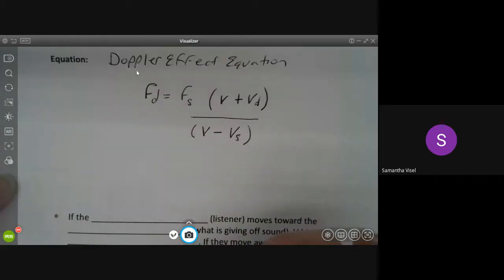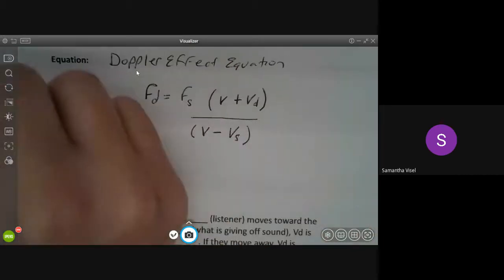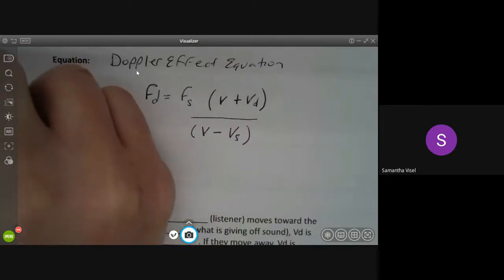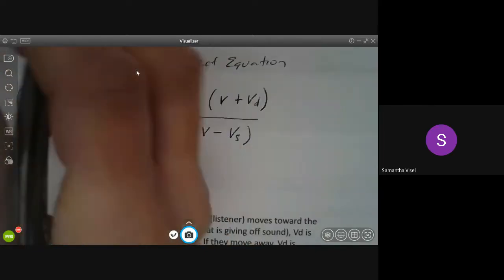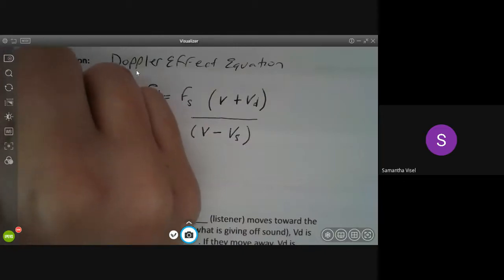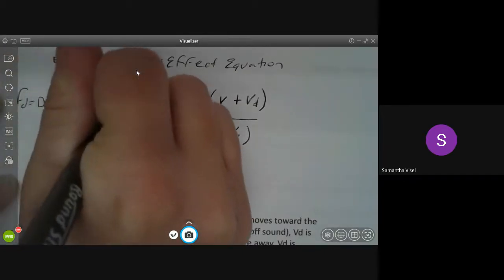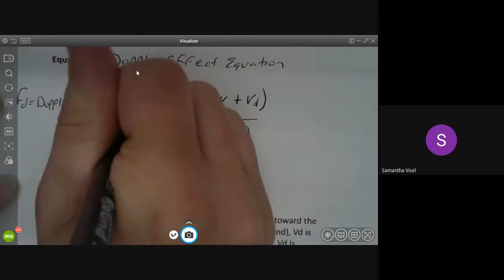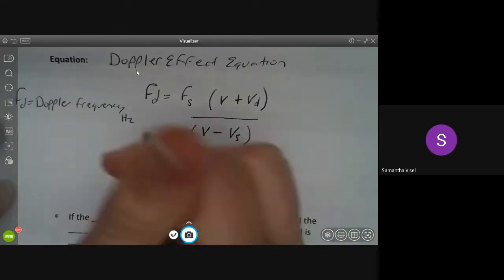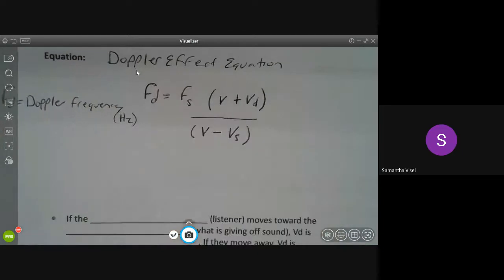All right, so we've got a lot going on here. So let's break down what is what by variable. F subscript D is the Doppler frequency. And just like any other form of frequency, that's going to be measured in hertz. So the Doppler frequency, that's the perceived frequency.